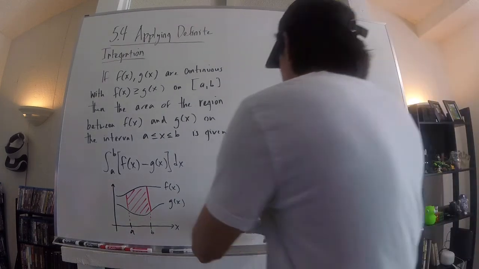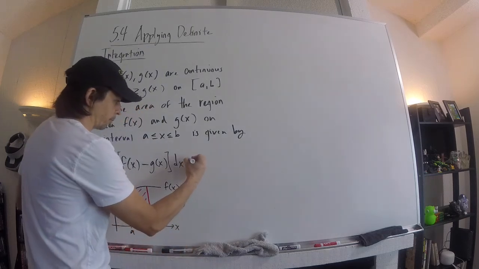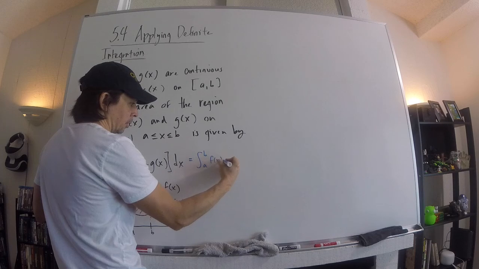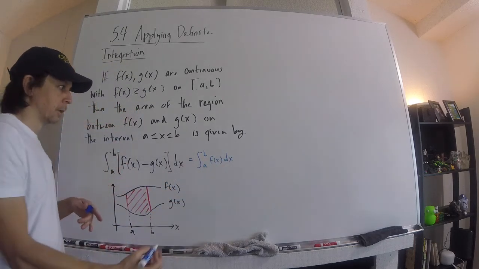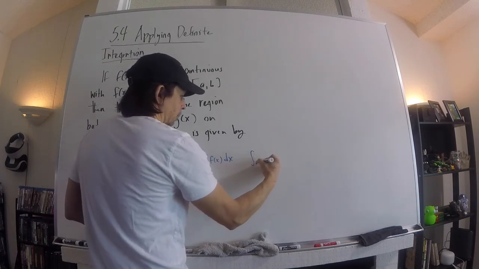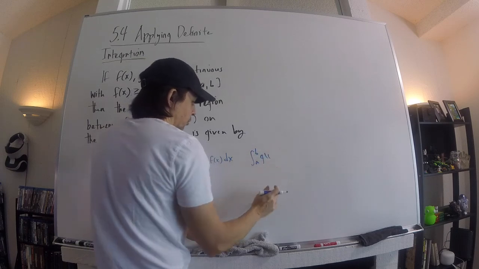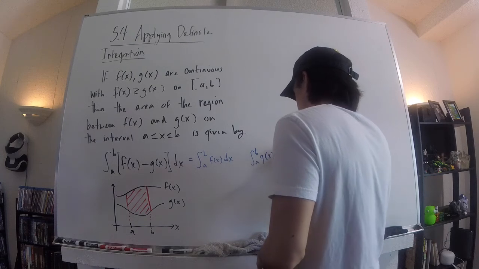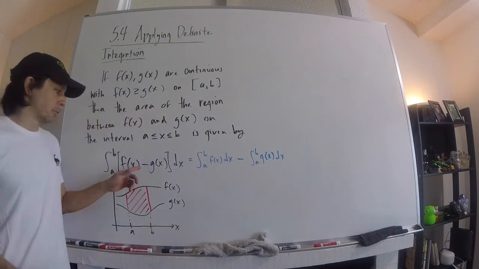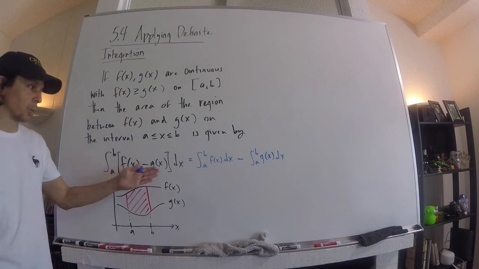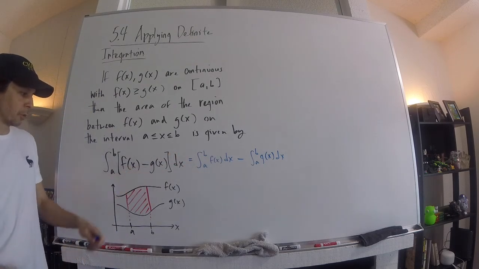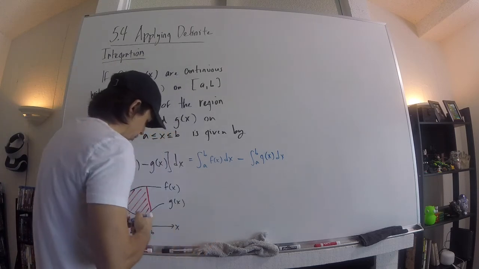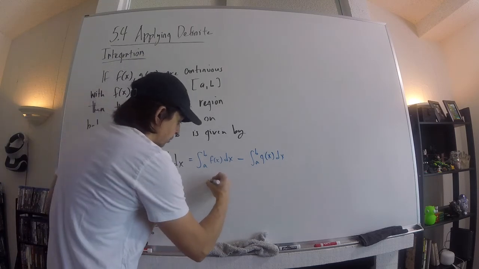I'm just briefly going to talk about the way it works. Basically, this integral, because it's two separate terms and a difference, you could break it up into the definite integral for just f, minus the definite integral from a to b of g, and then subtract those two results, because you can break it up as a difference or sum of integrals. And what that does is it gives us the entire area under f from a to b.